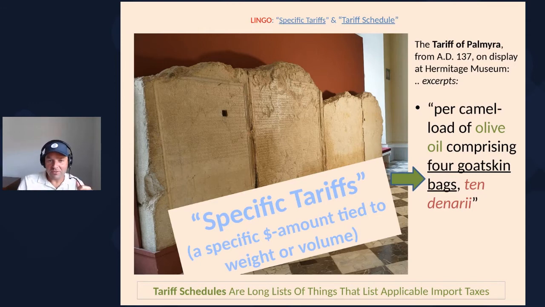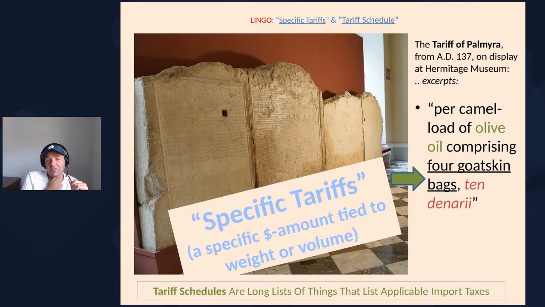And then the other key lingo is, well, how did people know what tariff or tax you owed? And the answer is tariff schedules. That's the other key lingo term here. What you're looking at in this picture is the tariff of Palmyra from AD 137, and these giant tablets are on display at the Hermitage Museum in St. Petersburg.